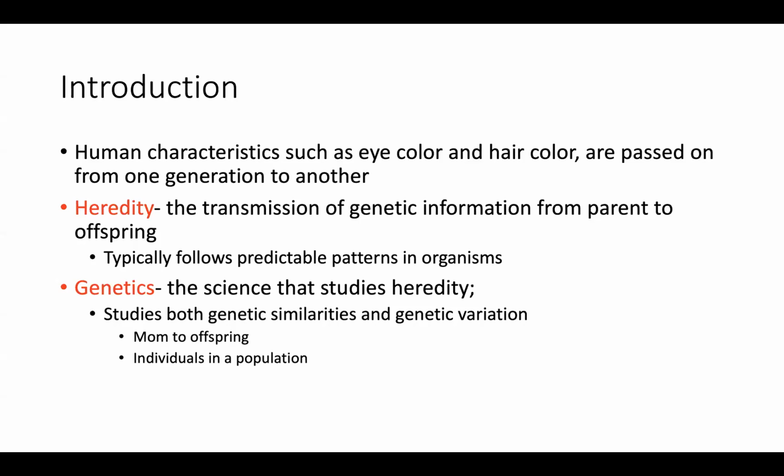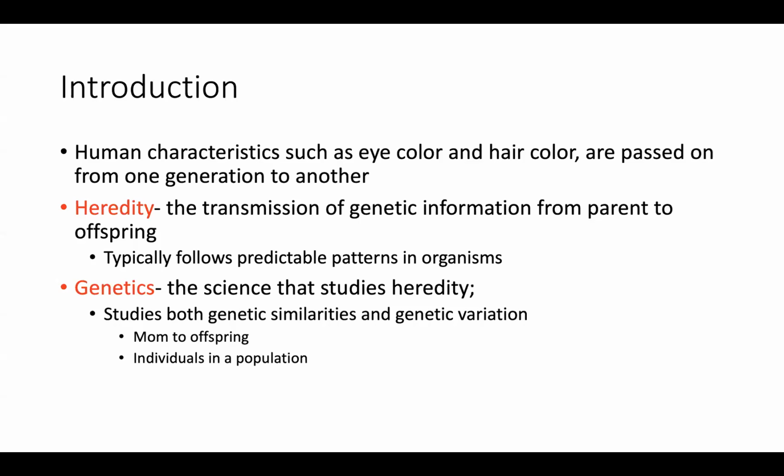Genetics is the science that studies heredity. Write those two definitions down and make sure that you can now use these terms properly. A lot of the times people use these words interchangeably, and they're not interchangeable. They're two very different terms that are related, okay? So genetics is a branch of science that studies heredity, and heredity itself is the process of passing down, or the transmission of, genetic information from parent to offspring.